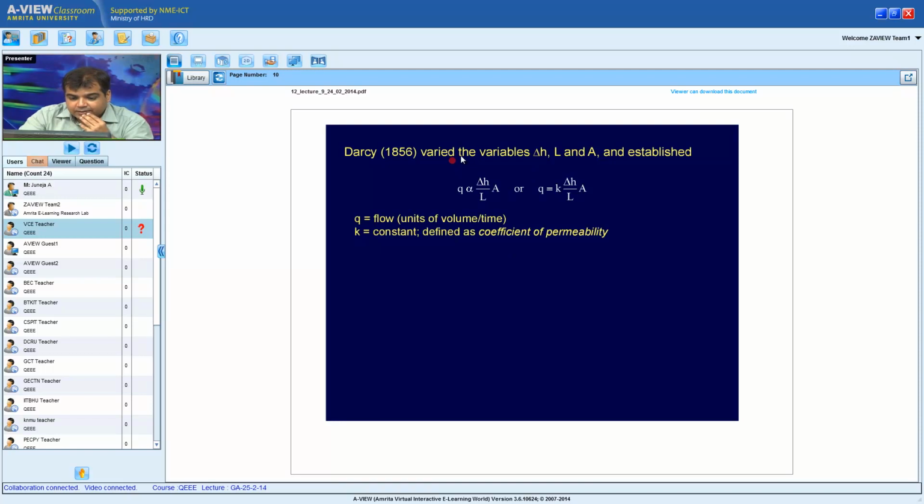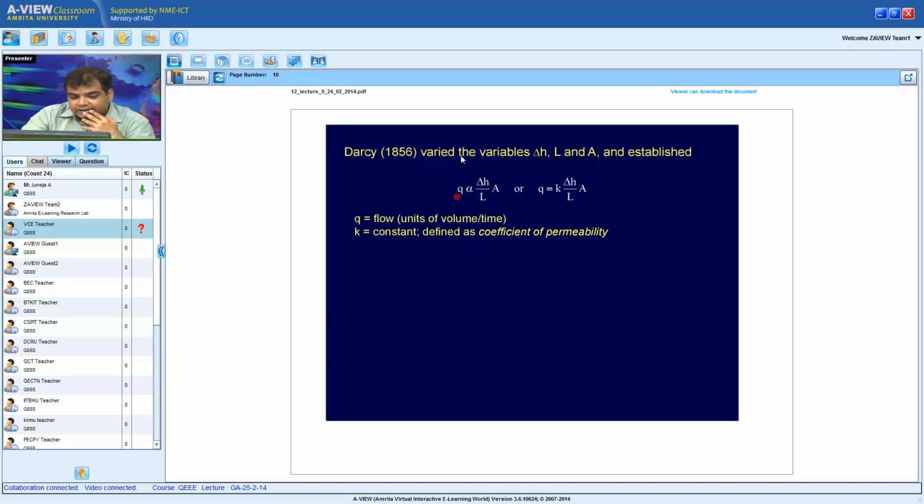So Darcy, in the same setup, varied delta H, L and A. The length of the sample was varied, the cross-sectional area of the sample was varied, and the head loss between elevation 1 and 2.